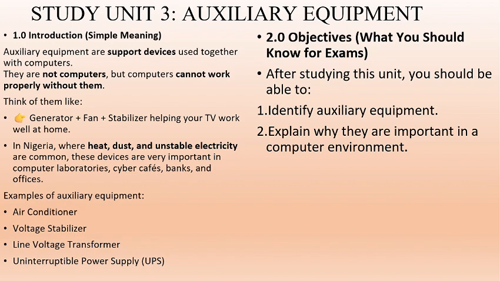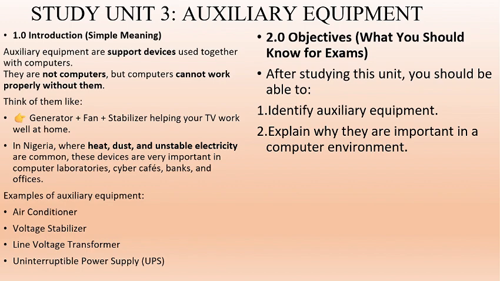Instead of going to buy a video camera, they use the camera of the phone to record the video. They add a tripod to it, stand it, and use it to record. That tripod is the auxiliary equipment. It supports the phone to be used for video.